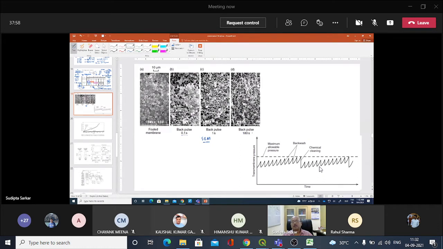So back pulsing for a longer duration will be required for considerable cleaning of the membrane. But even after that, there will be particles which remain. So there is something called irreversible fouling.